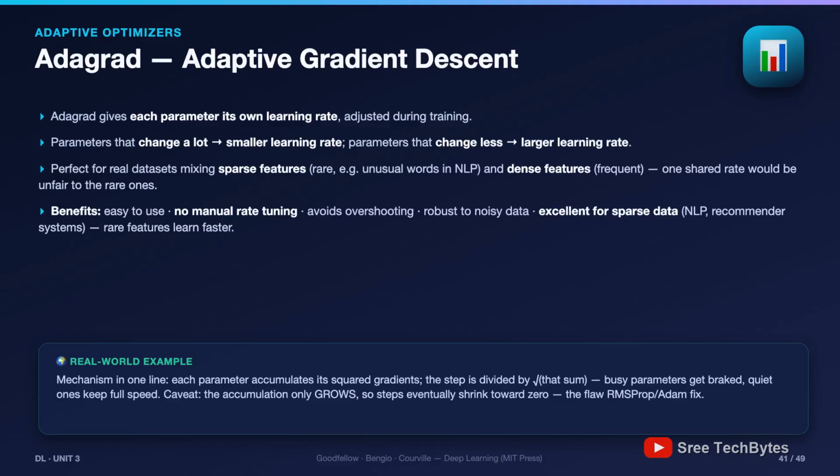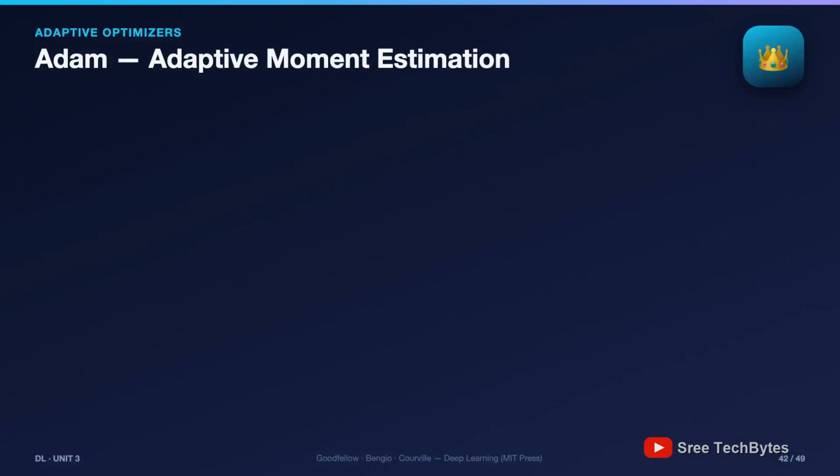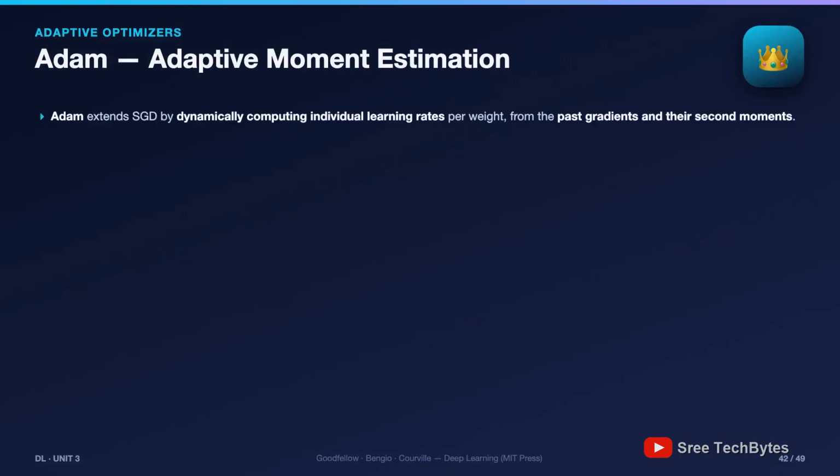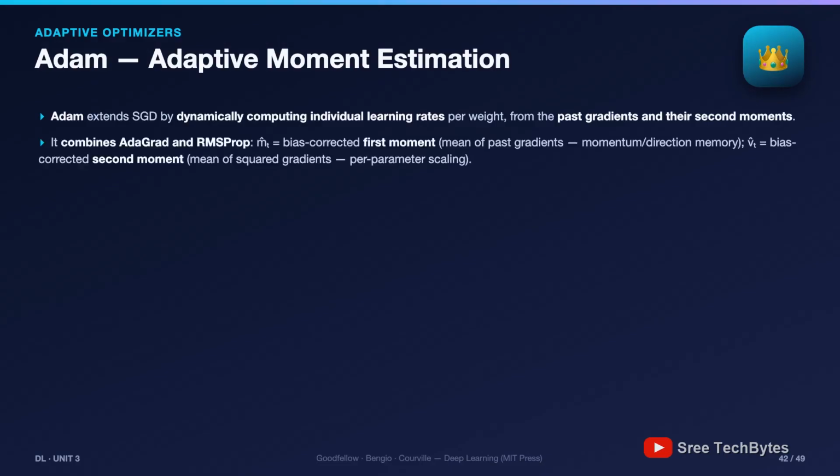Next slide. Adam, adaptive moment estimation, the default optimizer of the modern deep learning world. Adam extends SGD by computing individual learning rates for every weight from two running statistics. The FIRST moment, m-hat, a moving average of past gradients: that's momentum, a memory of direction.